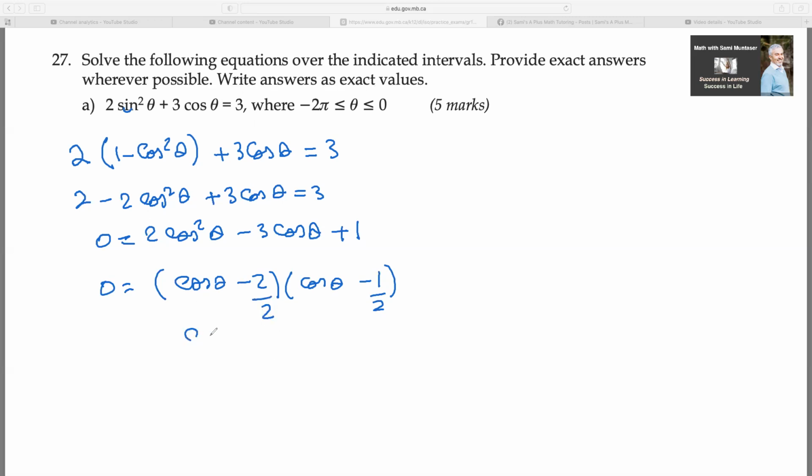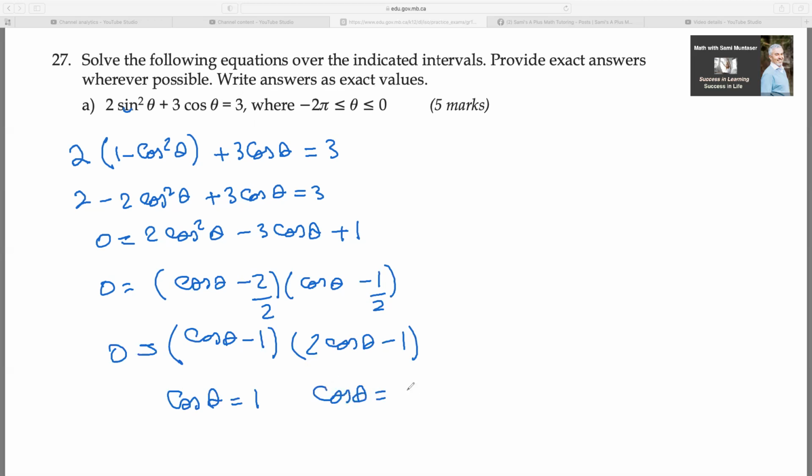And this will give me cos theta minus 1 equals 0 and 2 cos theta minus 1. Now, the solution would be cos theta equals 1 from here, and cos theta equals 1/2.